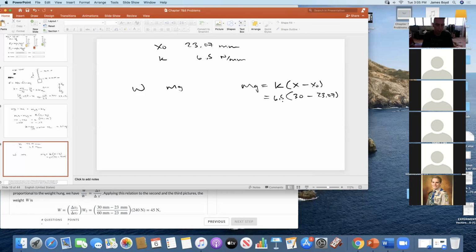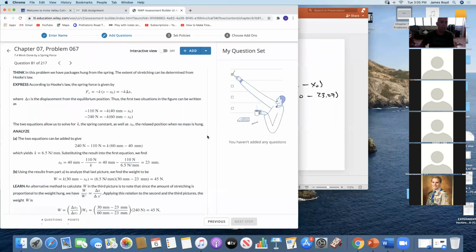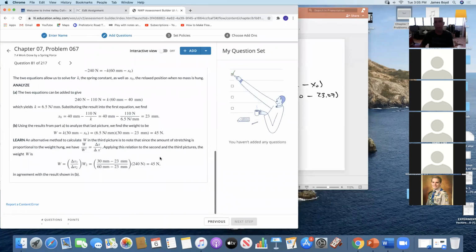So 6.5 times 30 minus 23.07 gives me 45 newtons, but it should be negative because it drops down. That's what they got, thankfully. I didn't totally mess that up.